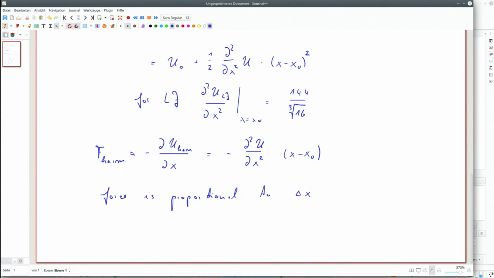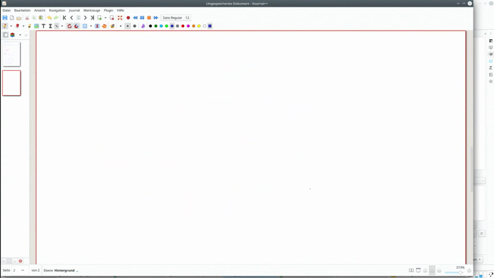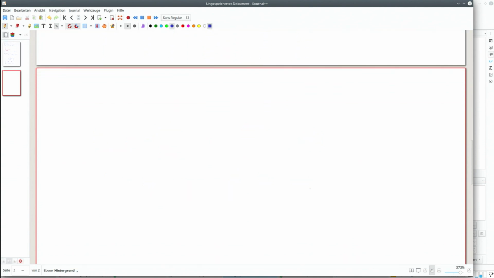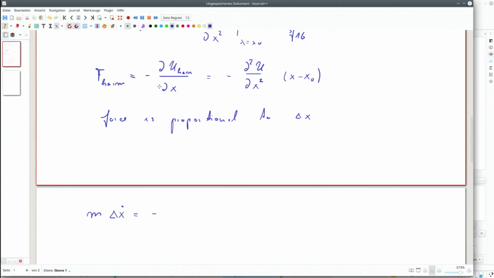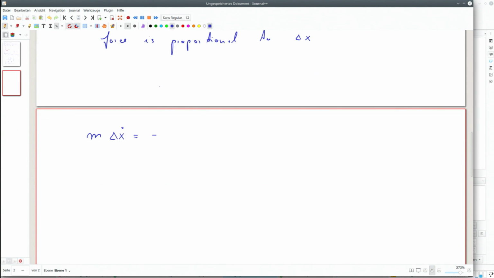So if we write this down, here's the equation of motion. I want to call it, to save some writing, just u double prime times delta x.